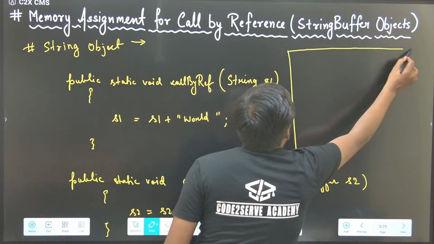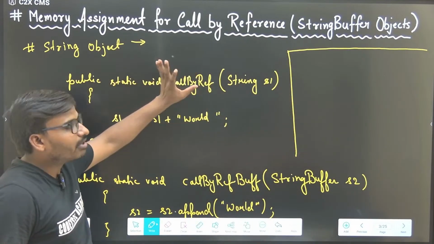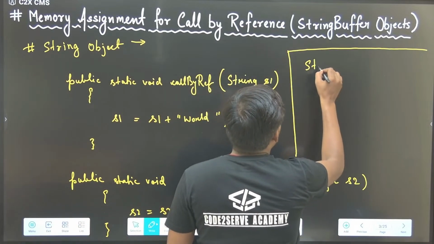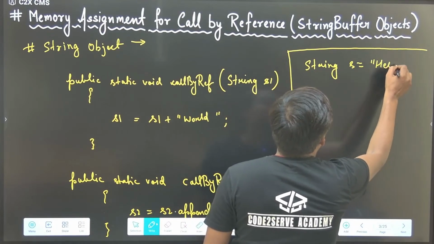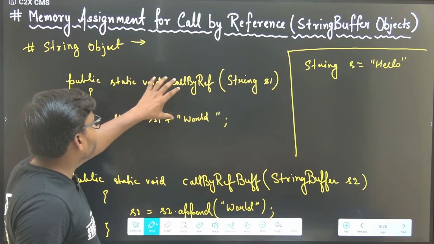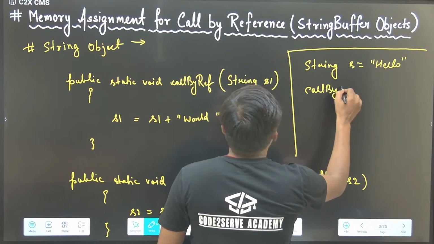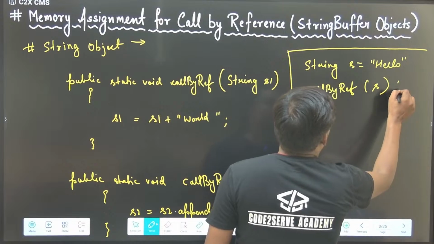Suppose you are calling this function, call by ref, for a string. There is a string s equals hello. Now you are calling this function and passing s.